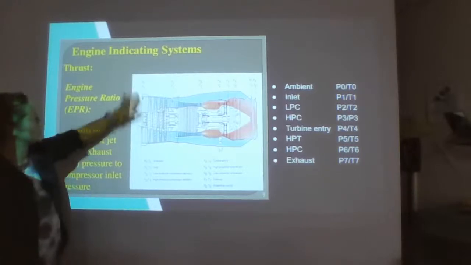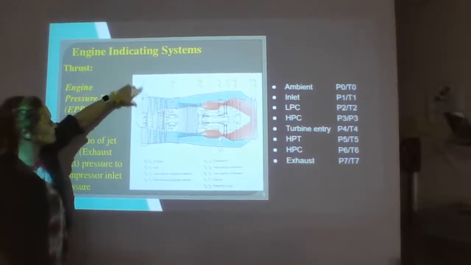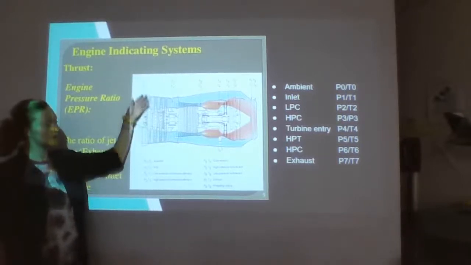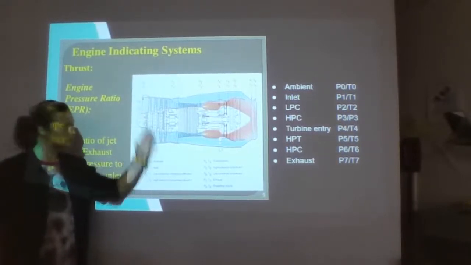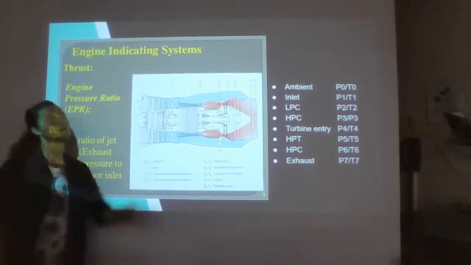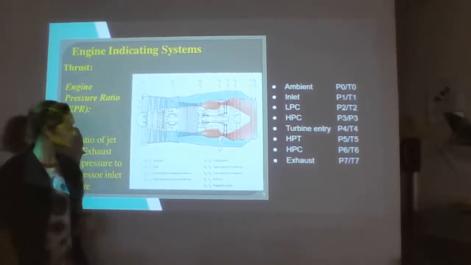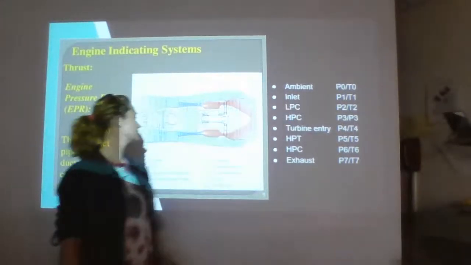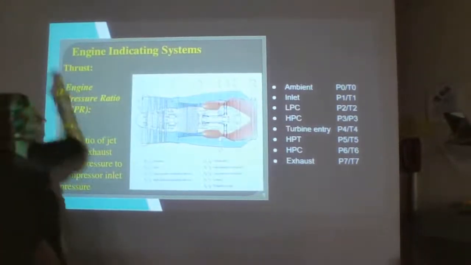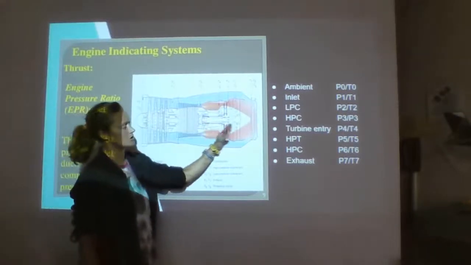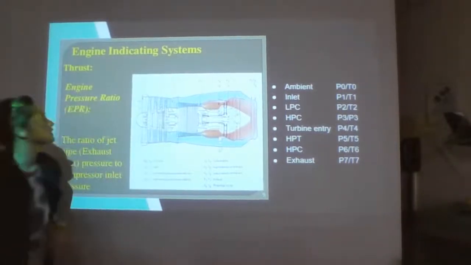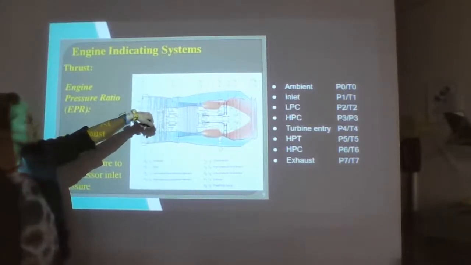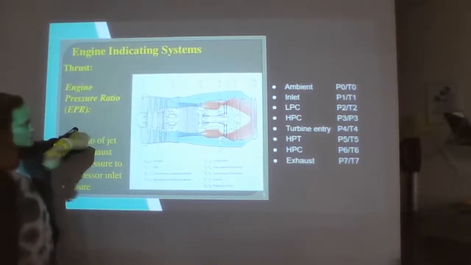Then you would have PT1. There's a faint little arrow here. PT1 will be somewhere in this area at the very front of the engine. It's going to measure the air coming into the inlet. So here we have PT1, inlet air. And then all of the rest in between go back through the turbine engine. You go from your low pressure compressor and low pressure turbine, which could be PT2.